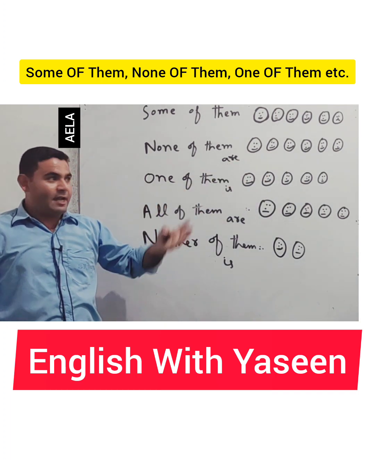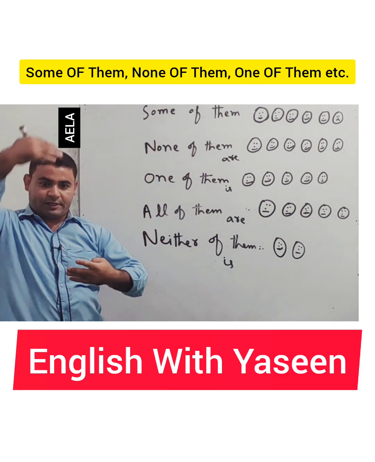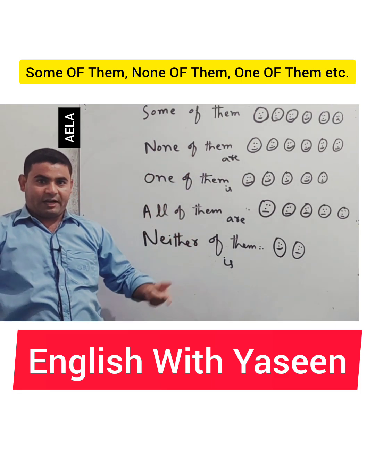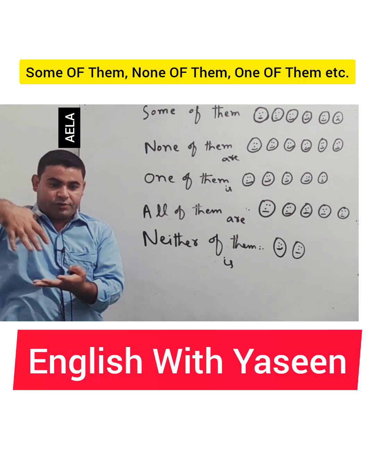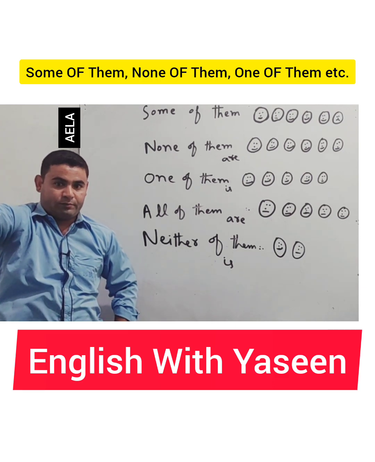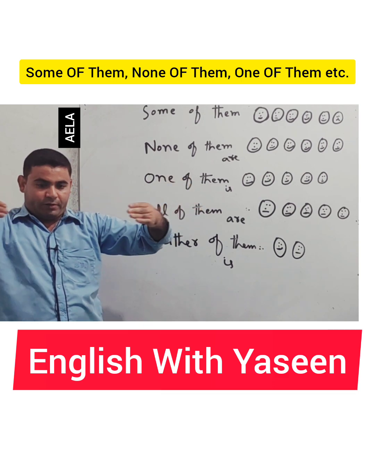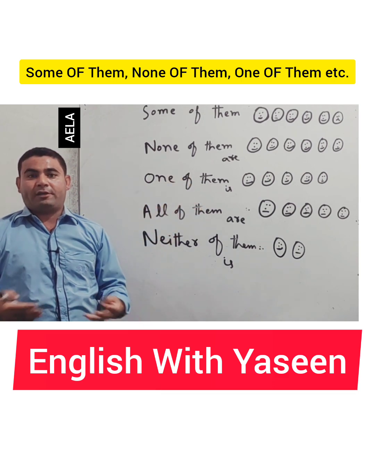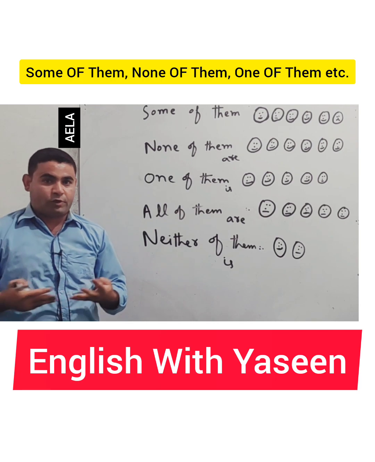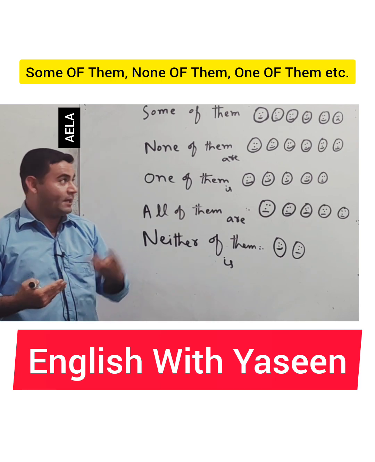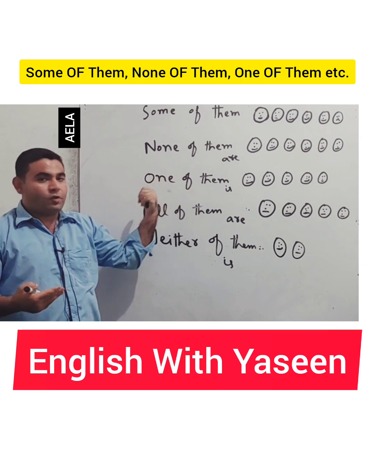So you want to say that all of them are happy and there is no issue, or there is a big issue, for example, none of them have brought notebooks. So I am emphasizing the problem, or I'm emphasizing a good point, or a bad point. When you stress or emphasize something, you'll have to use none of them or all of them.